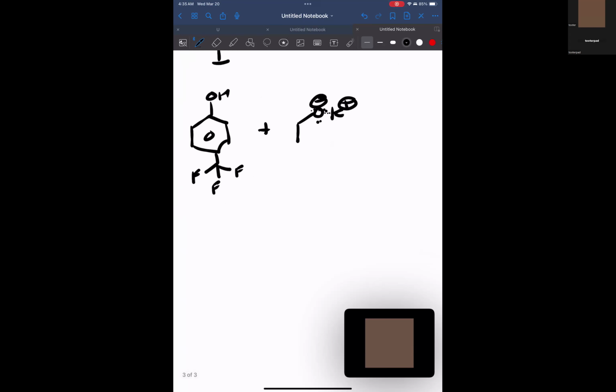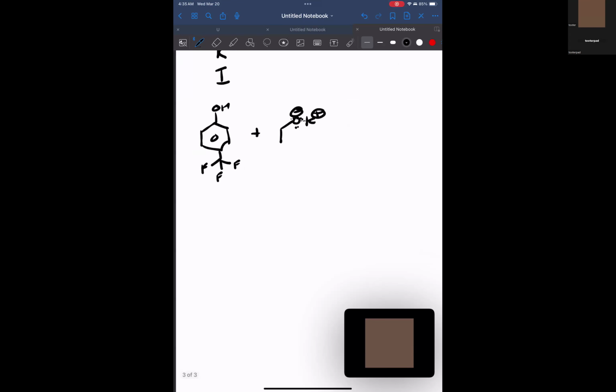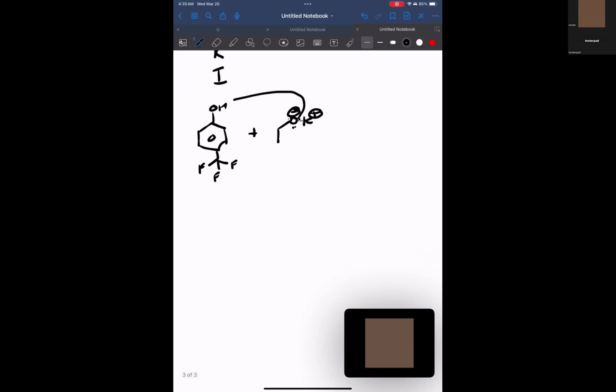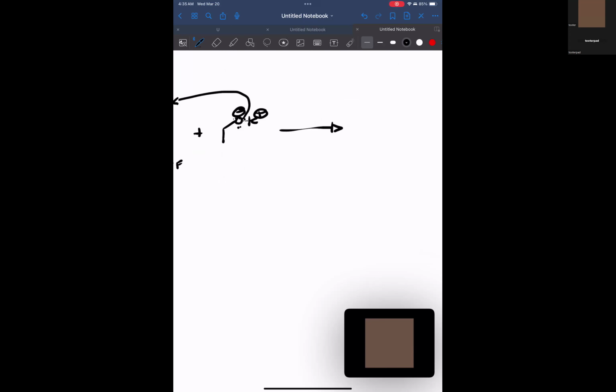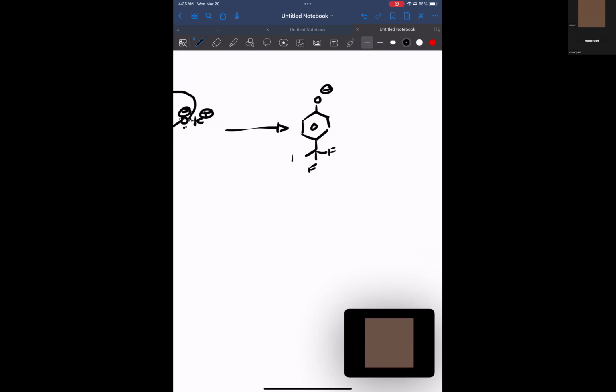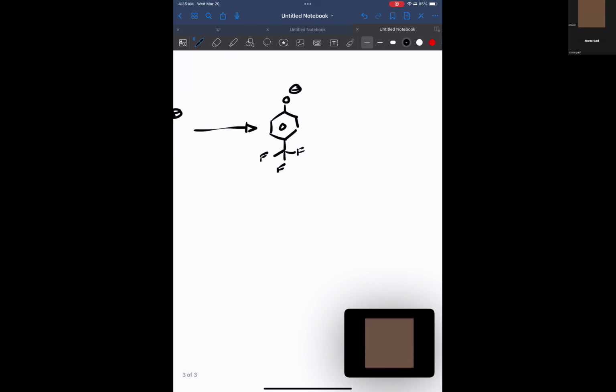This oxygen is going to take the hydrogen up top, which will kick off right here, making this right here, and ethanol. And there's going to be potassium right here hovering around this negative charge.